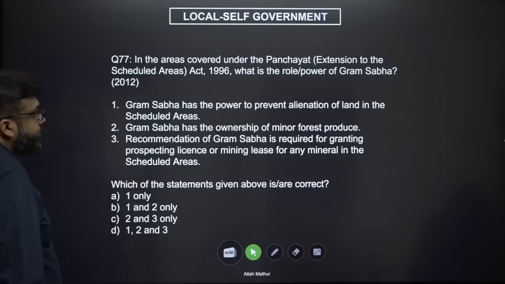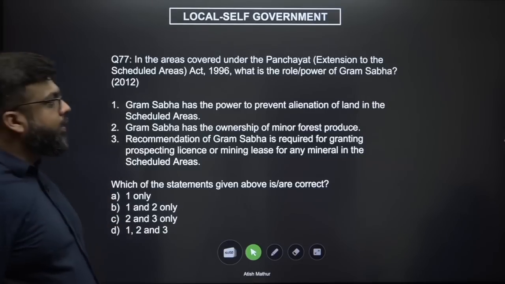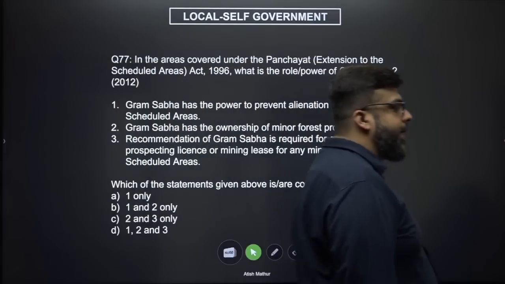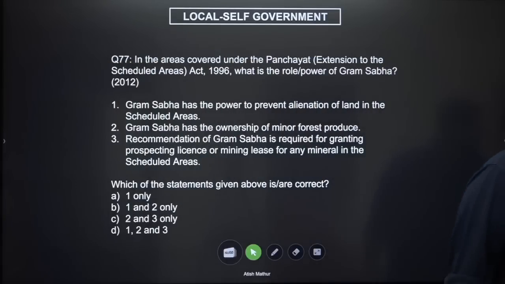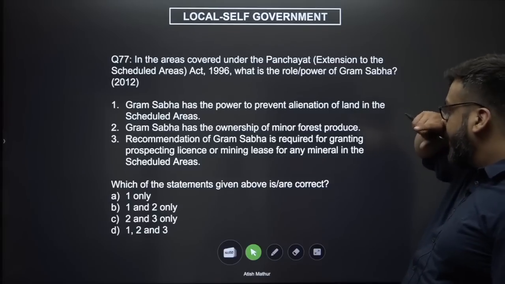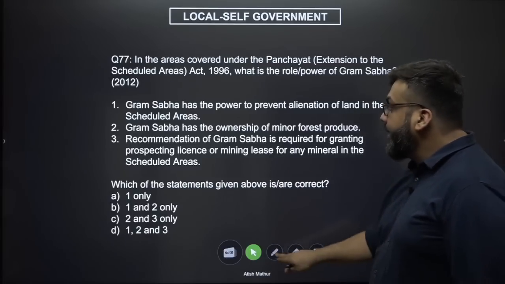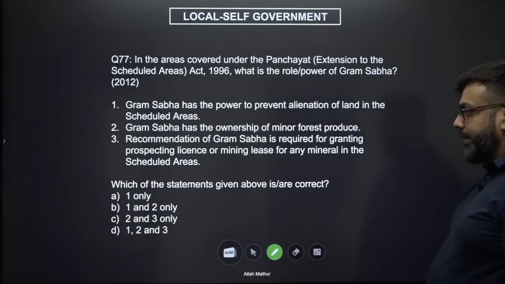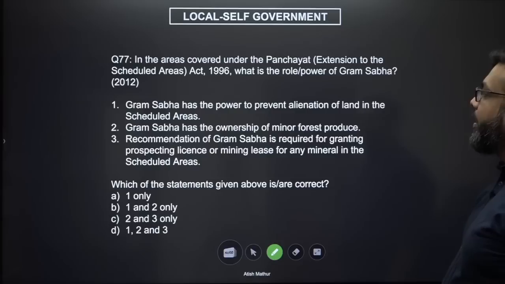C. In the areas covered under the Panchayat Extension to Scheduled Areas Act of 96, which of the following is the power of the Gram Sabha? Gram Sabha has the power to prevent alienation of land in scheduled areas. It has the power of ownership of minor forest produce.